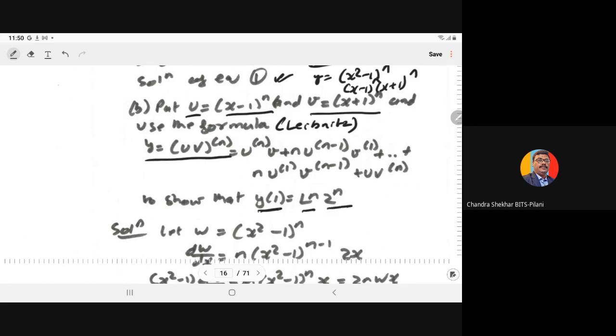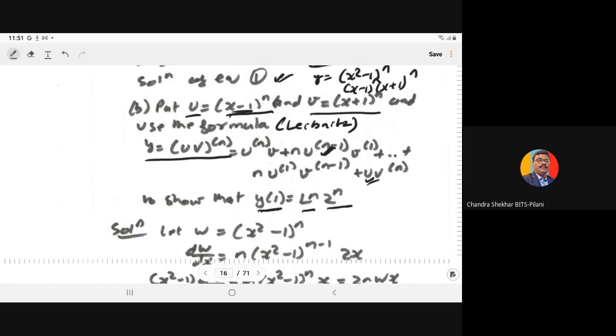Y will come factorial n 2 to power n, because why is it coming? When we put x is equal to 1, x minus 1 will become 0. So wherever we have the u, in this case x minus 1, when we put x equal to 1, it will give you 0.